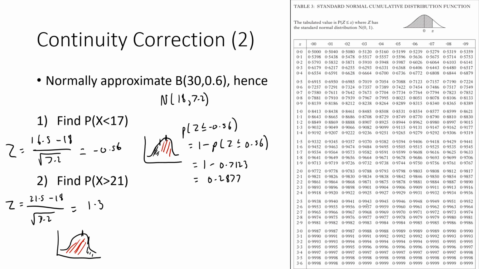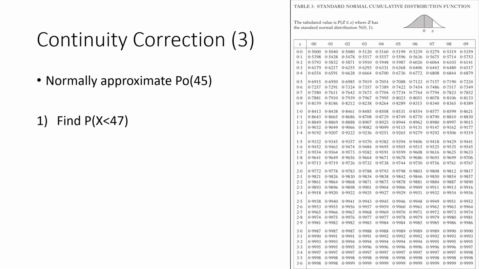The probability of z being greater than 1.3 is equal to 1 minus the probability of z being less than or equal to 1.3, which is 1 minus, and then we look at the table, 1.3 exactly, so that's 0.9032, and that gives us 0.0968.